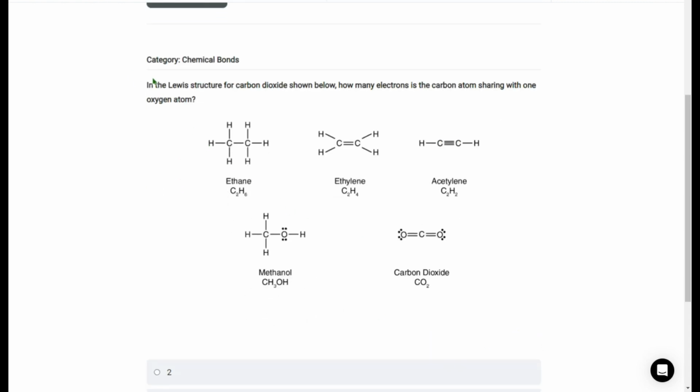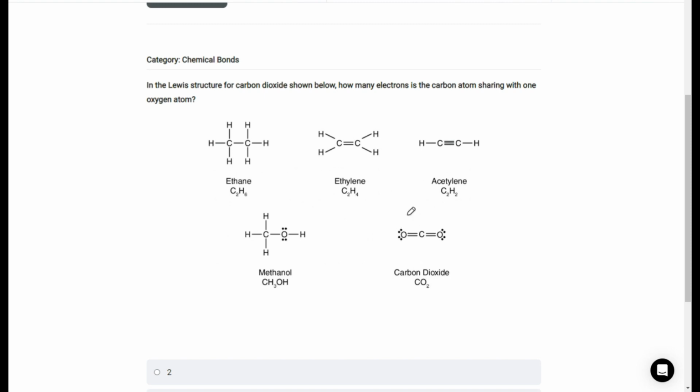Next up, in the Lewis structure for carbon dioxide shown below, how many electrons is the carbon atom sharing with one oxygen atom? Carbon dioxide right here. And we can see that it is bonding with two oxygens, but we are really just interested in one.